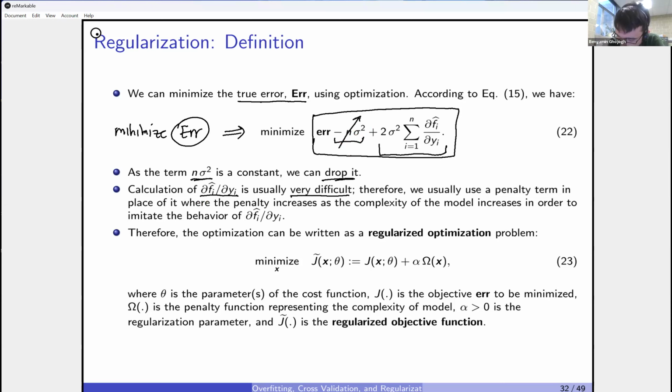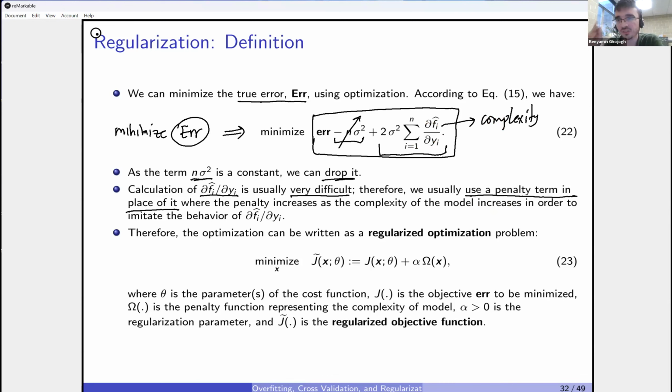Therefore, we usually use a penalty term in place of it, where the penalty increases as the complexity of the model increases. We know that this is a measure of complexity, right? The more complex the model is, the larger this term becomes. Therefore, let's replace it by a penalty term, which is also increasing with respect to complexity.